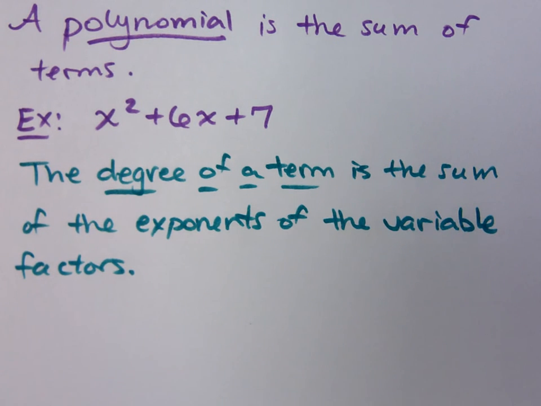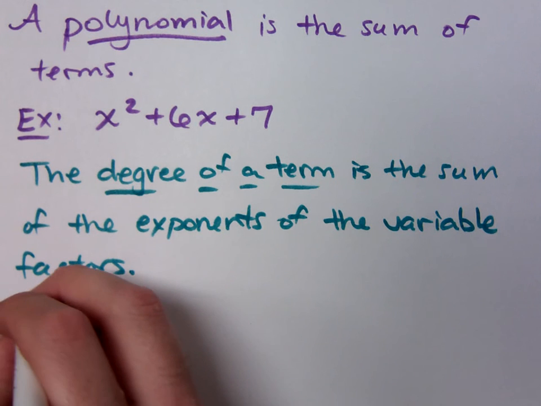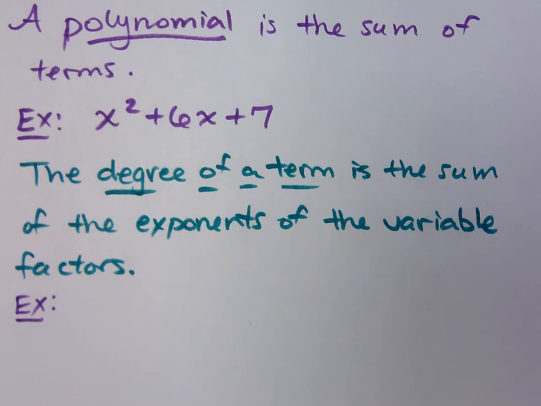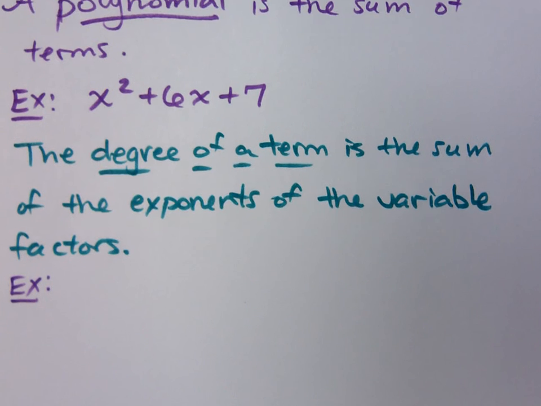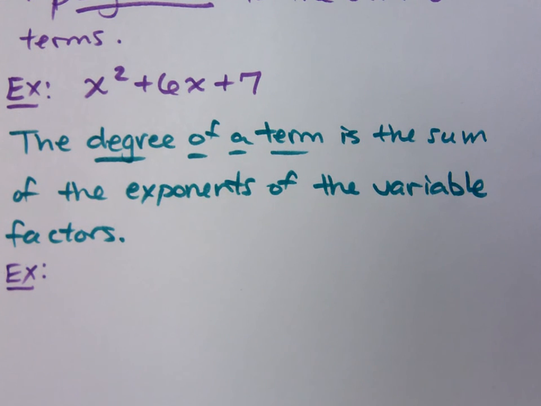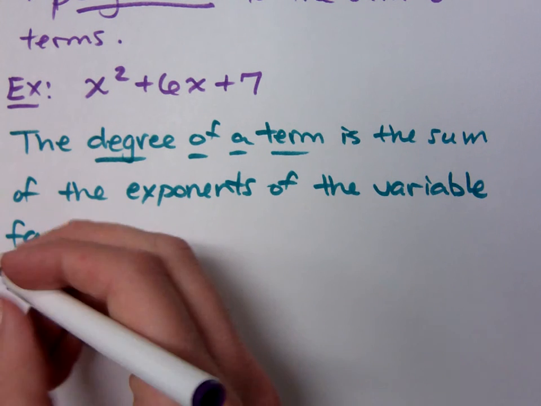Okay. Now what I'm going to do is give you an example of a larger polynomial, and we're going to discuss how many terms it has, what is the degree of each term, and also what is the degree of the polynomial.